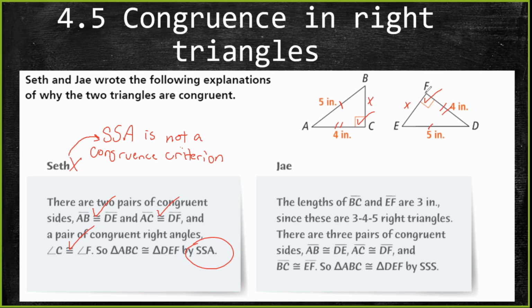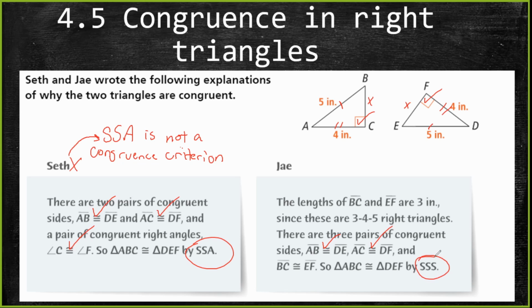Now they're saying since these are 3, 4, 5 right triangles, there are 3 pairs of congruent sides, AB and DE. Well, we already agree that AB and DE are correct in being congruent. AC and DF, we can also agree that those are congruent. And what he's saying now is BC and EF are congruent.